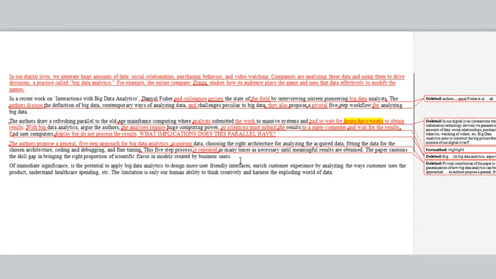And then we get, the paper cautions the skill gap in bringing the right proportion of scientific flavor in models created by business users. I didn't quite understand that last sentence, so I'm kind of guessing here, but what I'm thinking the author here meant to say is the paper cautions that many business users currently lack many of the skills to perform this workflow, something like that.